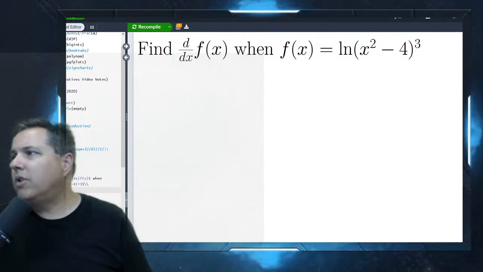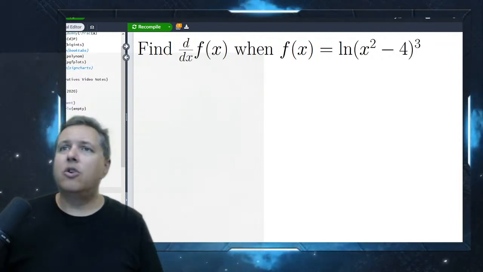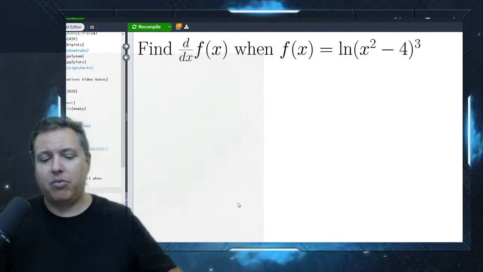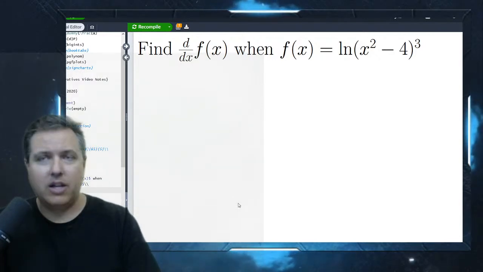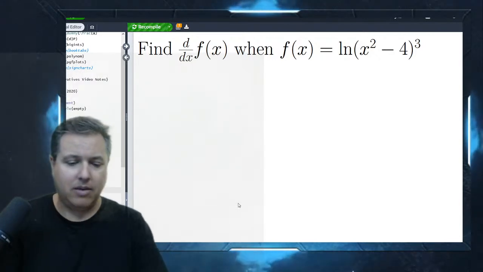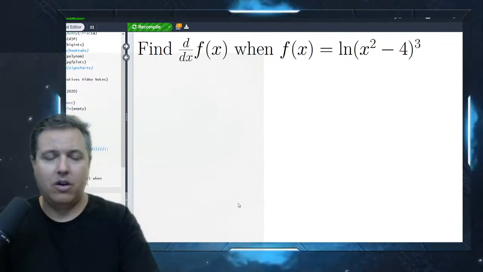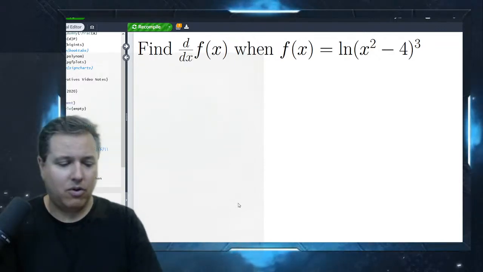Let's see, which way do I want to do this? Let's do it this way. Remember, we have a log rule that says we can bring that 3 down in front. So we're going to get 3 times the natural log of x squared minus 4.